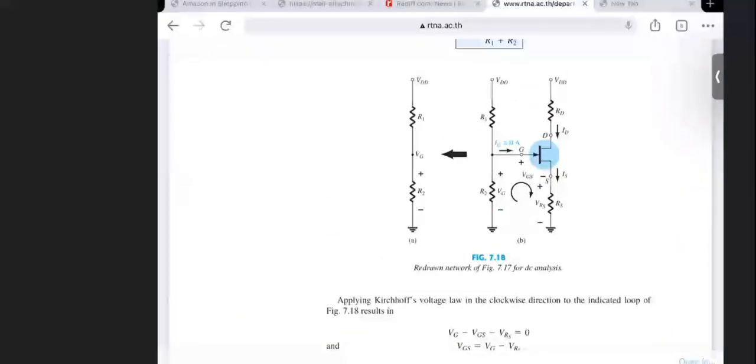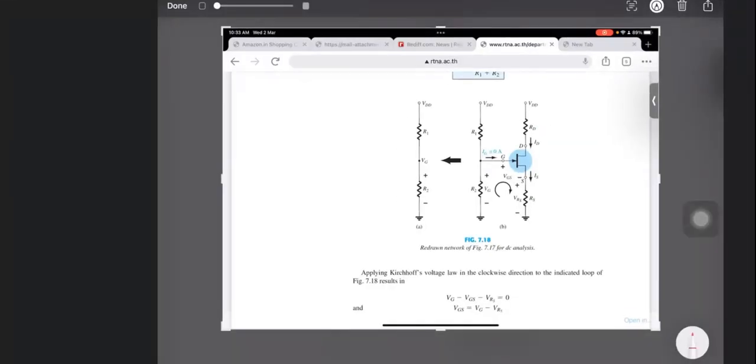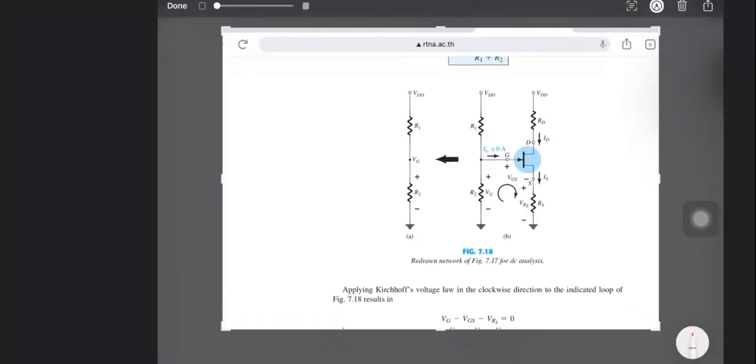So here, if you see in this circuit, this voltage is VDD R2 divided by R1 plus R2. If we know this voltage, right, and we know this voltage, we can make a loop. This is the voltage across this point versus ground. Okay, so you can find out this loop. If you are able to know about this, you can also find out this loop.